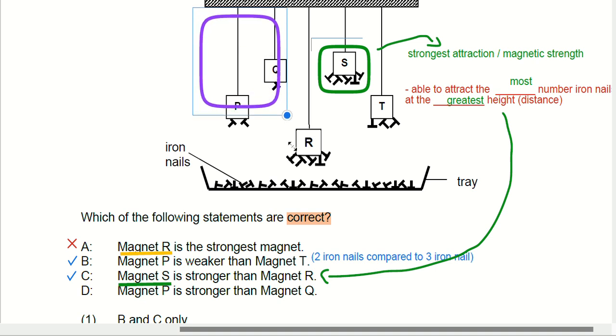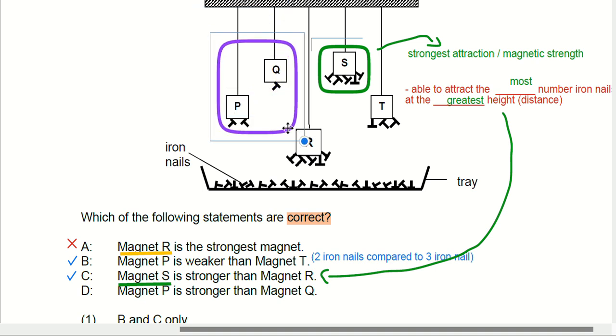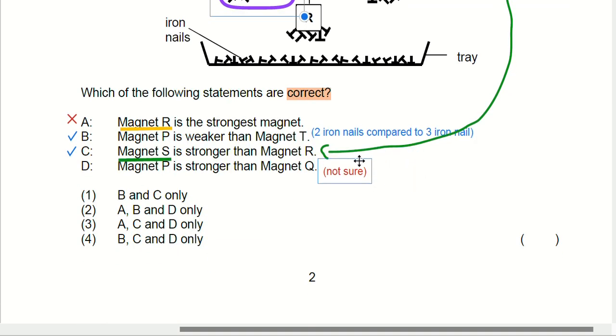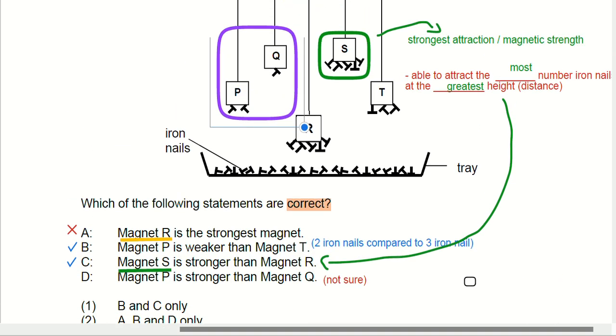The 2 changed variables are the different type of magnet, P and Q, and the height above the tray, as the magnets are hung at different heights. So for this statement D, we are not too sure whether P is a stronger magnet or not, even though it's able to attract 2 iron nails, because of the 2 changed variables.